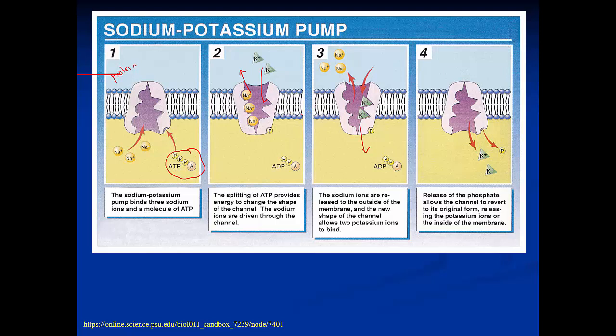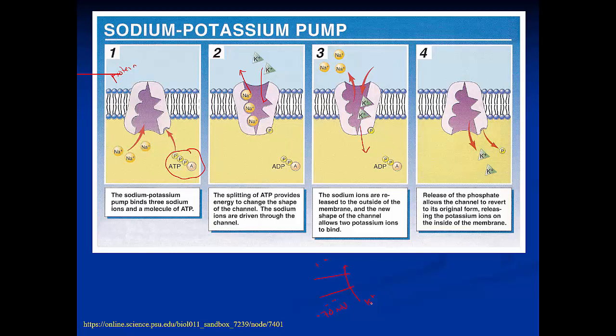Now, over time, let's think about this. What would happen if I have the inside of my cell at minus 70 millivolts, a little more negative inside? That means there's a little more positive outside. What would happen if I were taking potassium, which is a positively charged molecule, and kicking it out of the cell? In this particular case, as we lose potassium, I have more positive outside, even fewer positive inside.